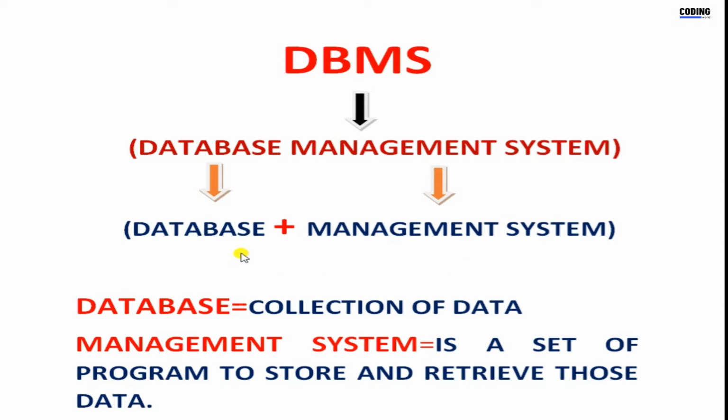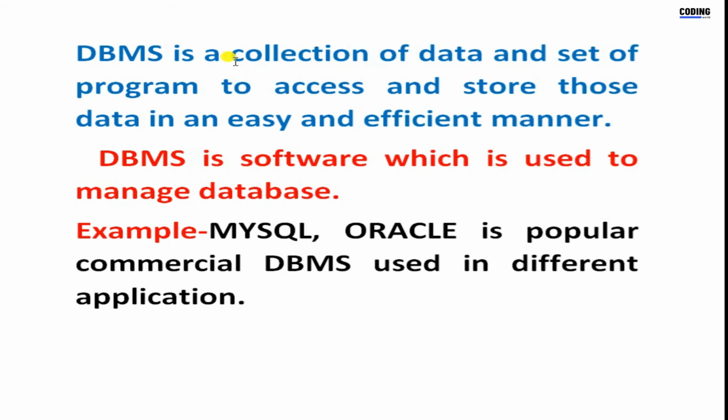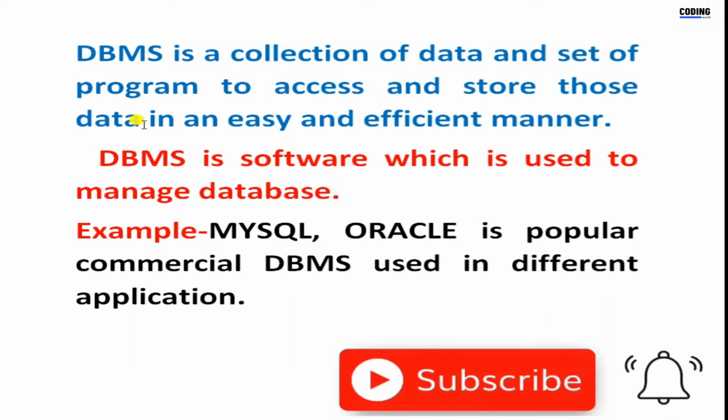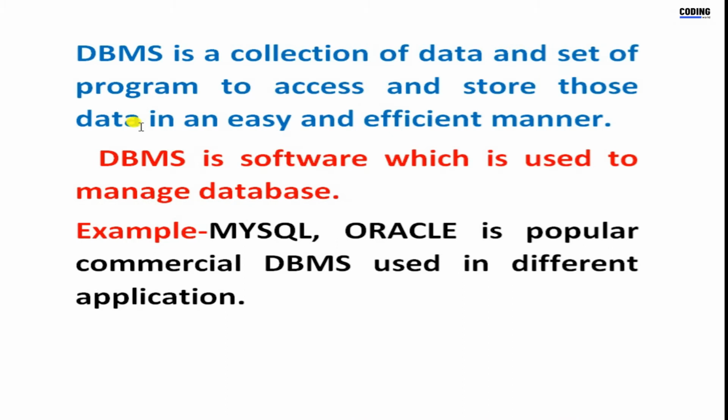Database means collection of data and management means it is a set of program or software to store or retrieve those data. So the definition of database management system is: DBMS is a collection of data and set of programs to access and store those data in an easy and efficient manner. Or we can also define database management system as a software which is used to manage database.